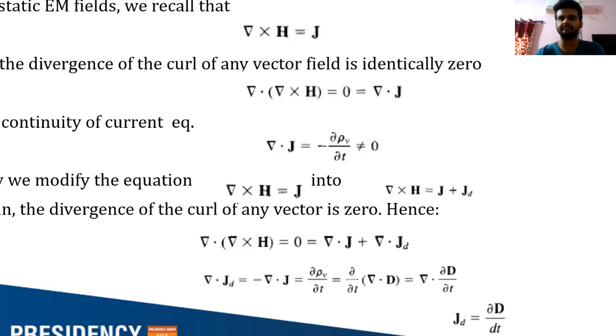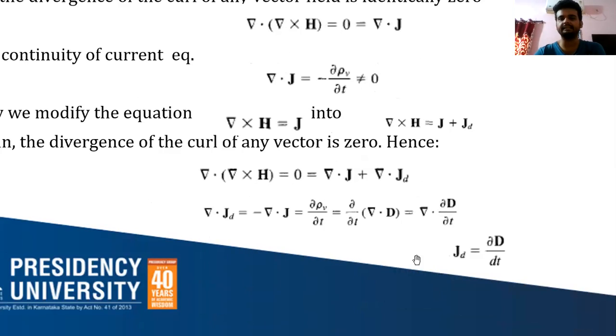All this concept I have discussed in my previous lectures. Del dot D equals rho V, you already know. Just substitute del dot D, so you get del D by del t. So JD is equal to del D by del t. That means the rate of change of electric flux density is equal to displacement current density. This is what we got.